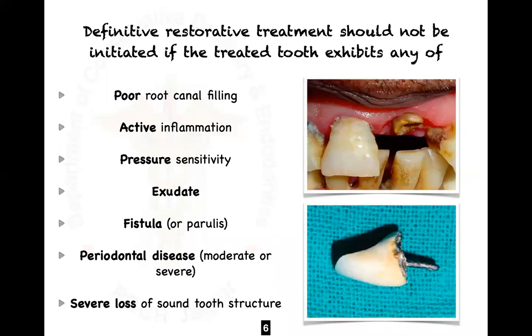No, you do not want to do that. Pressure sensitivity, if the patient is still sensitive, it has exudate coming out of it, it has a fistula, periodontal disease is quite active and there is severe loss of sound tooth structure. In cases like these, where you have questionable prognosis for the tooth, offending tooth, you will not go ahead and plan another treatment on top of your root canal.